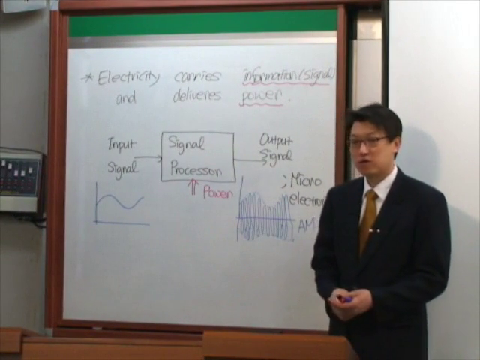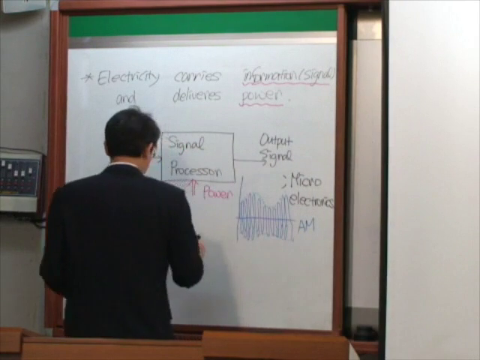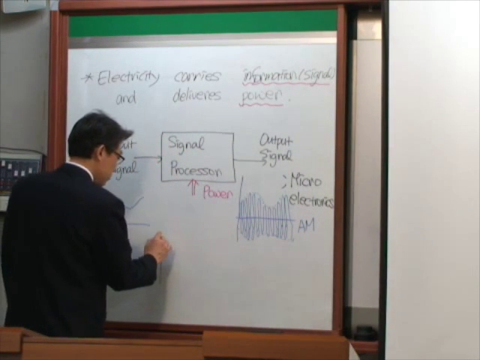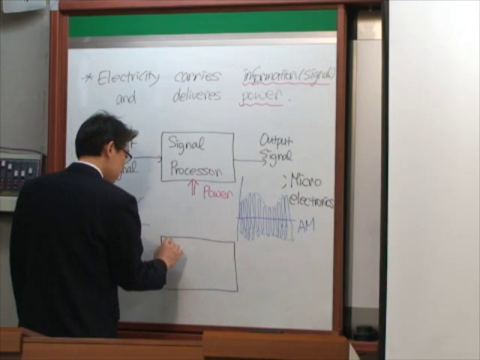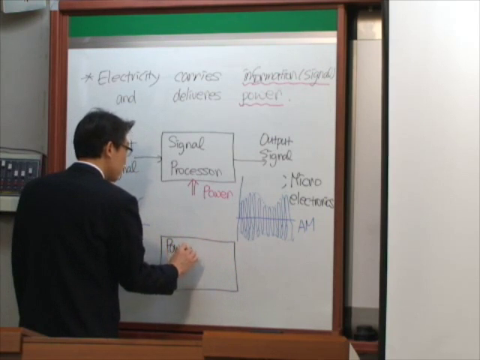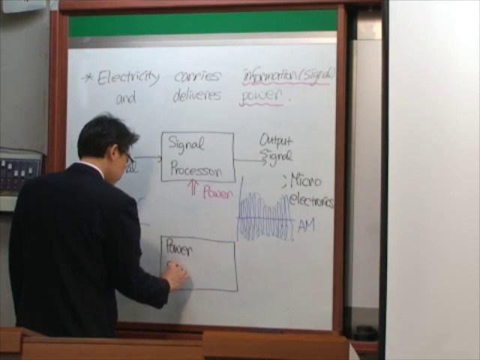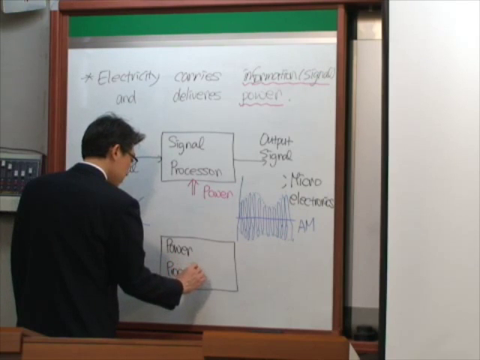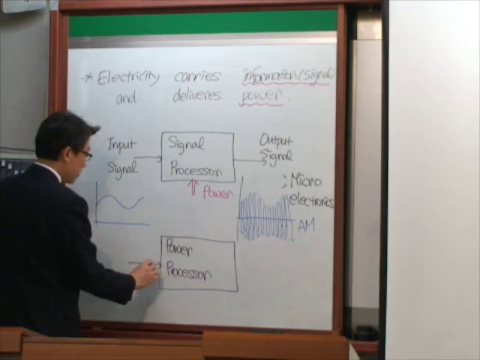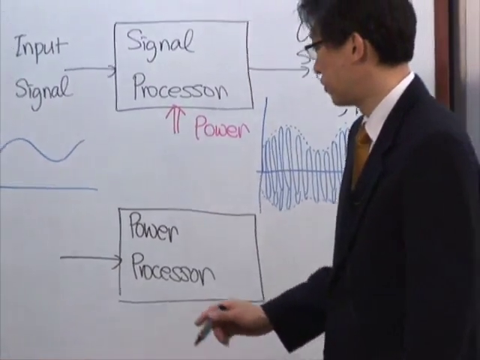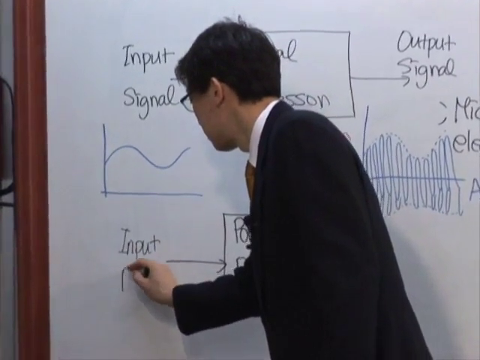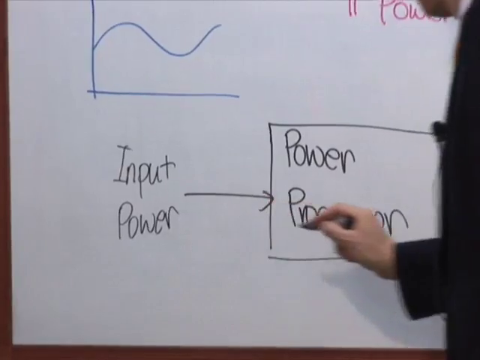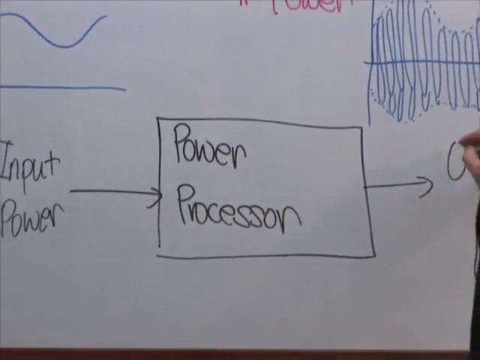And what about power electronics? We have a similar form called a power processor. We have input power instead of input signal, and here we have output power.